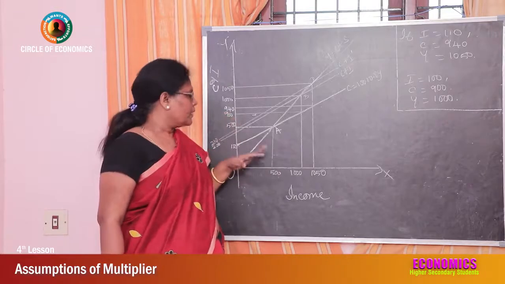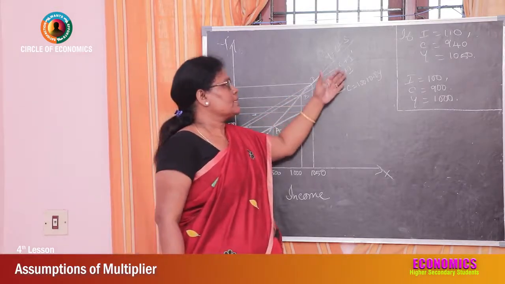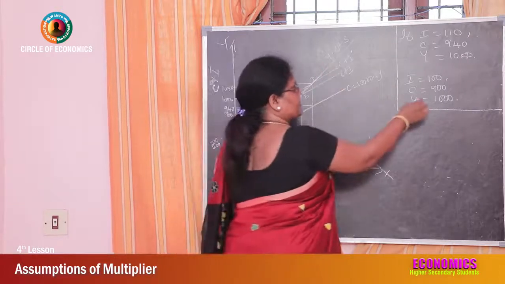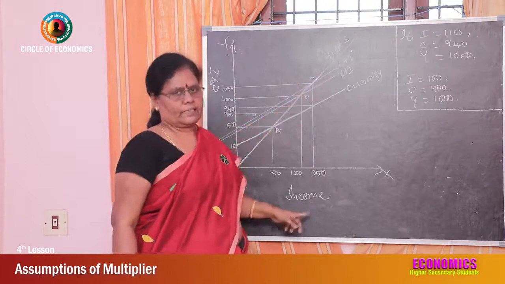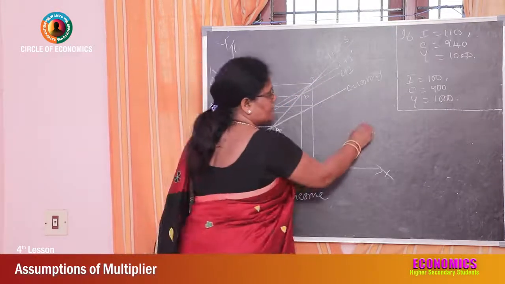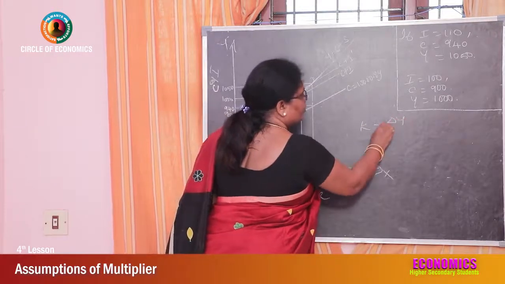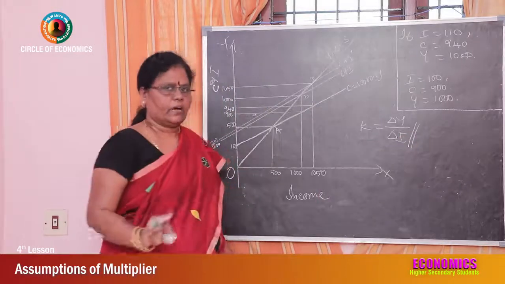So now we have to find out what is C plus I. It is I is equal to 100, isn't it? When investment increases, it is because in the multiplier we study there is a change in income due to change in investment. This alone we are taking into consideration now.